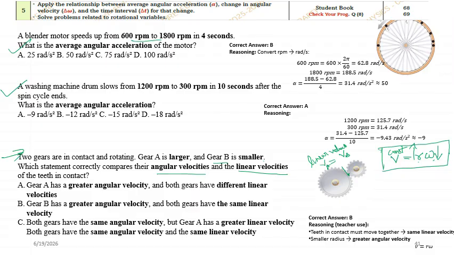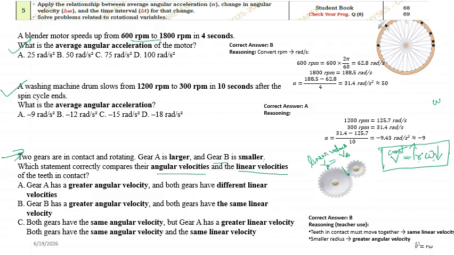We studied the other case, when omega is constant, how radius and velocity are related: if radius is more, velocity must be more. This is another concept where the linear velocity is equal, but then the radius and omega are inversely proportional. One increases, the other must decrease.